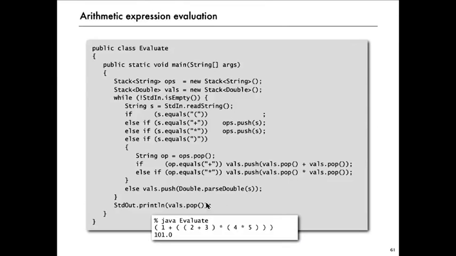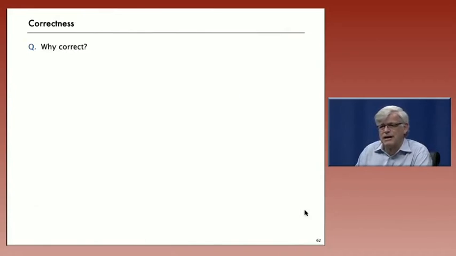And then when you're done, simply print out the value on the stack. And that's a fine and elegant implementation using stacks for any arithmetic expression. And it's easy to extend that to handle other types of things.